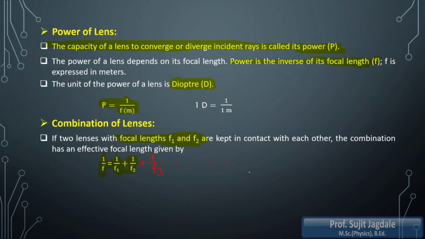These are the formulas we have to use while working with convex or concave lenses: lens formula, magnification, power of lens, combination of lenses. And in order to obtain these values correctly, we have to use the sign convention, which we had also seen in the previous case.